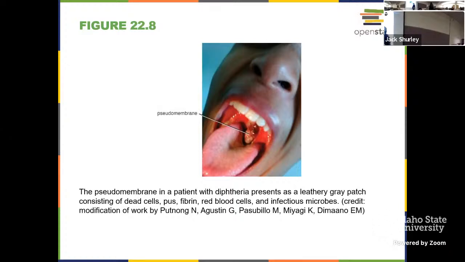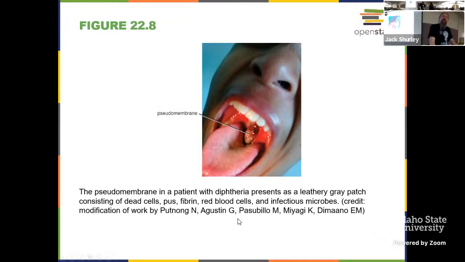So looking at another individual's throat, in the last one with the streptococcus, you could partially see part of the uvula, or non-scientific, I call it the hangy down, right? Your uvula, in this case, is almost completely covered with this bacteria that creates what we call a pseudomembrane.